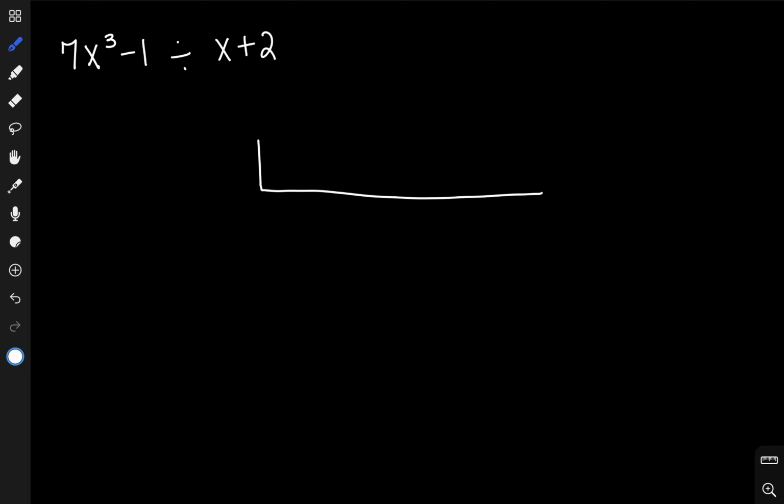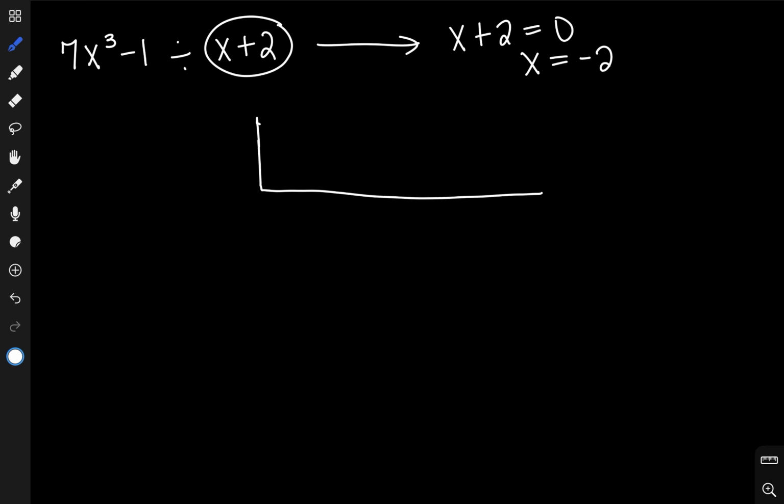Okay, first we're going to do this. So in order to put it out here, we have to isolate the x. So we're gonna solve for x plus 2 equals 0. So x is equal to negative 2. So we put negative 2 on the outside.